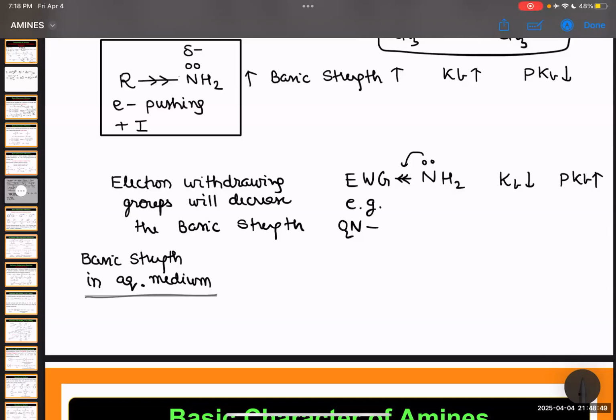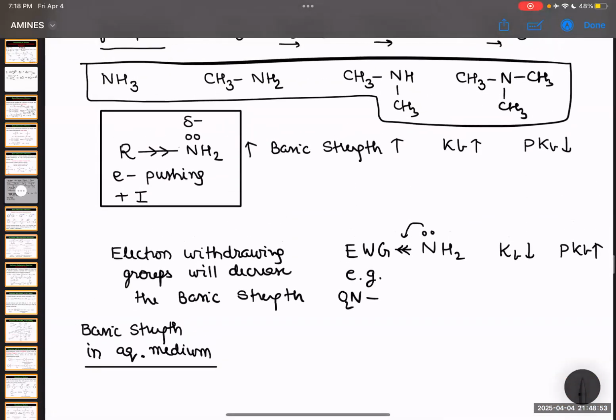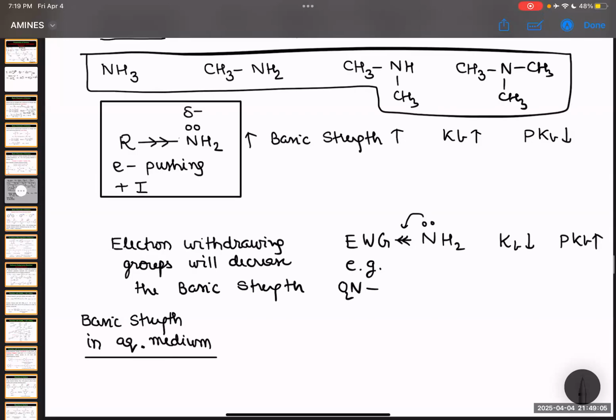In aqueous medium, when you put these amines in water, what is the order of basic strength? So now there is a little bit of a problem. The order is not uniform. It is like this.